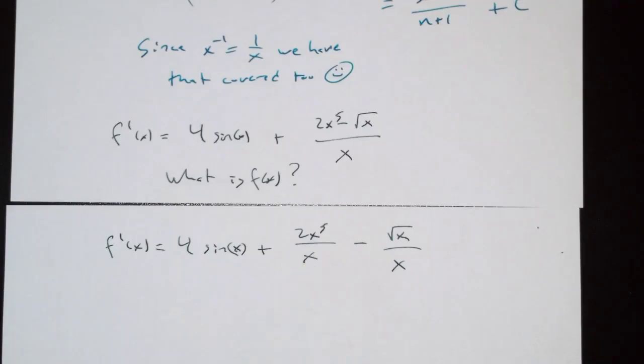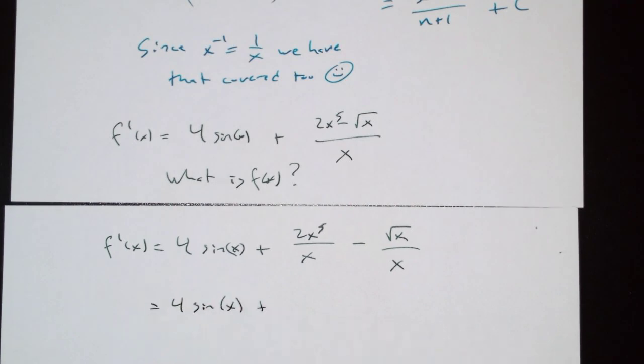What happens here? 2x to the fifth over x is 2x to the fourth. Perfect. That's something that I can use the power rule on.